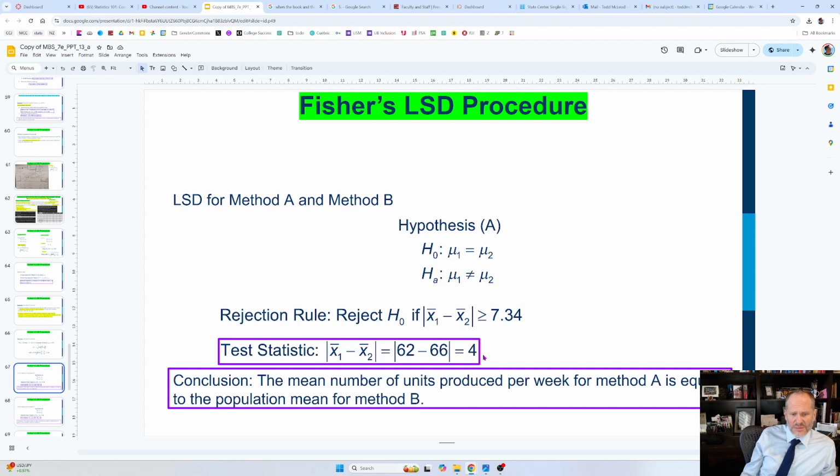And then here, you get your test statistic, which is the absolute value. You take the difference between means. And if this is greater than or equal to 7.34, you reject.